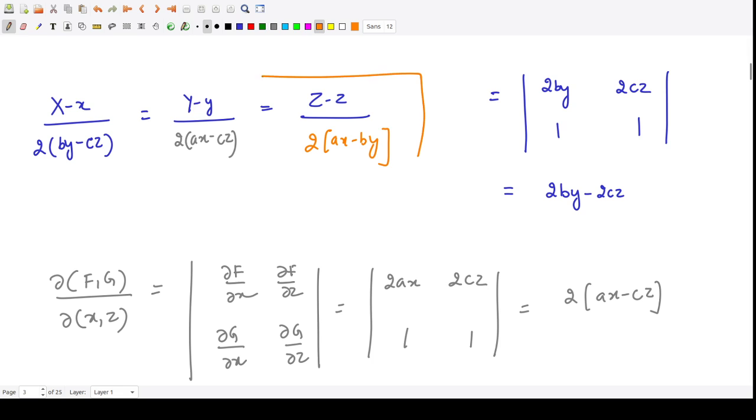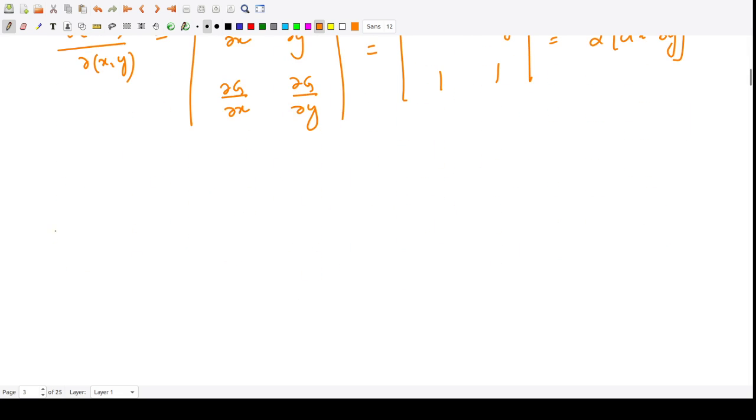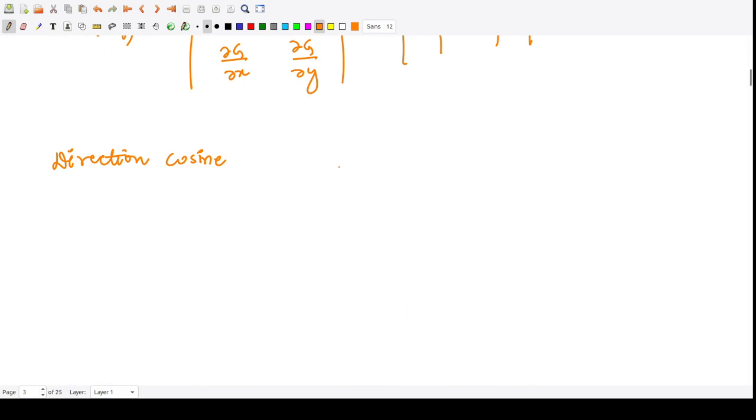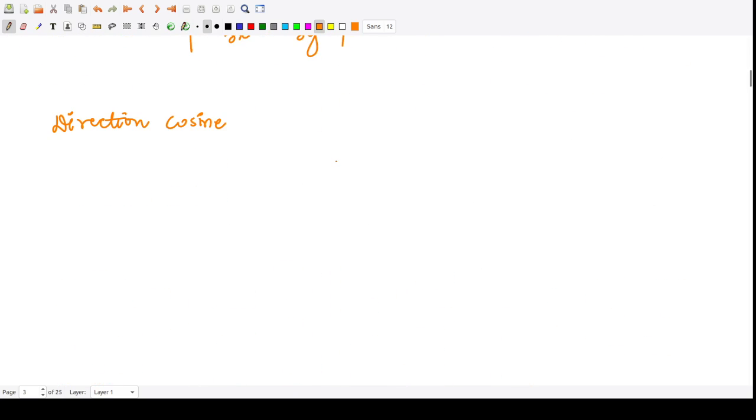So this is the equation of tangent line. And what are the direction cosines? The direction cosines are the quantities which are present in the denominator here, this quantity, and this quantity. So your direction cosines, they are present in the ratio.